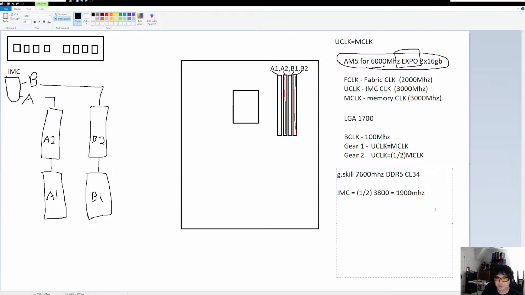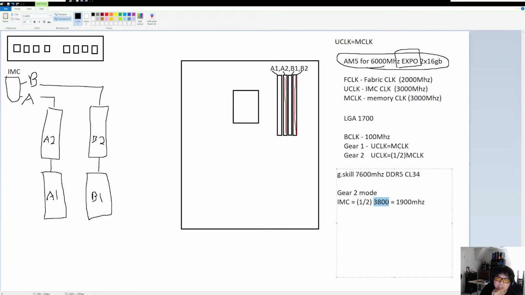This is the reason why high-speed RAM is going to give you a lot more bandwidth, but the latency is something to keep in mind, because RAM that fast is going to require Gear 2 mode. It's way beyond what the IMC is going to be able to do.